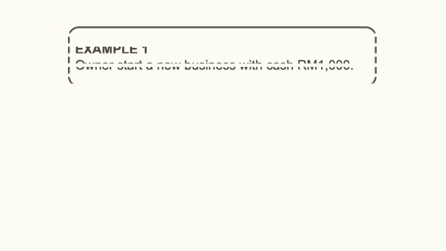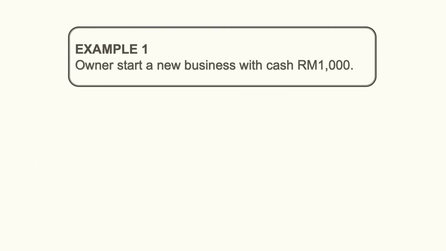So perhaps we can go into detail by looking at examples. Let me go to the example first. Example number 1: the owner starts a new business with cash RM 1000. So that means the owner puts money, RM 1000, into the company.